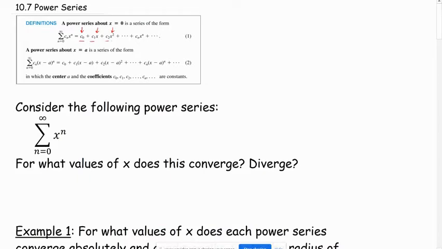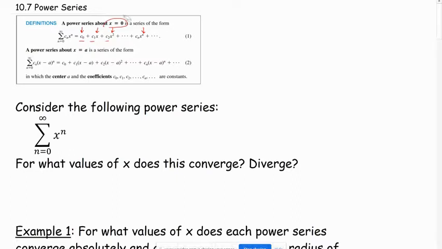So x to the 0, x to the first, x to the second, x to the third, and so on, going on to x to the nth power and continuing on forever. That's an example of a power series about x equals 0. What that means is we're eventually going to try to find all the x values that make this series converge.